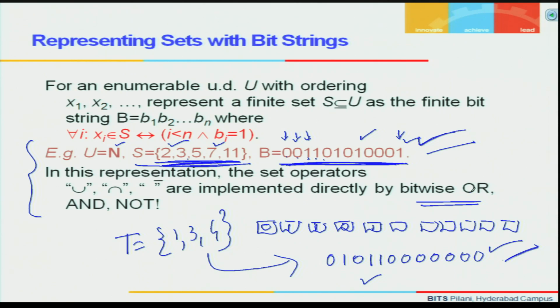Intersection is the same as the bitwise AND operator, and complement is equivalent to the NOT operator. Either you do union on subsets or you do bitwise OR on the bit string representation of the subsets, the results are the same in their own representation.